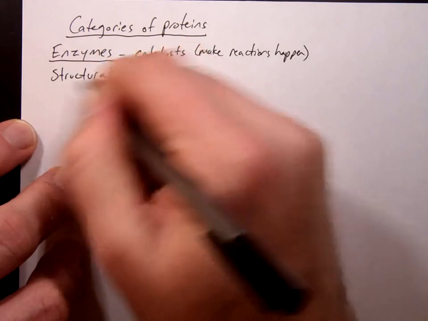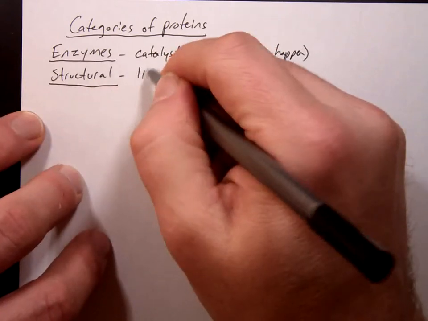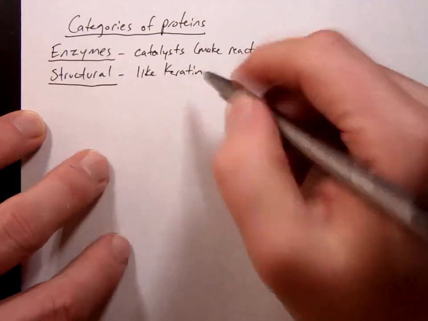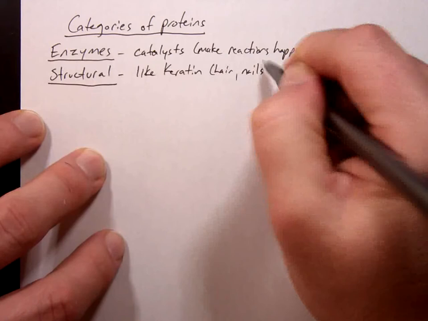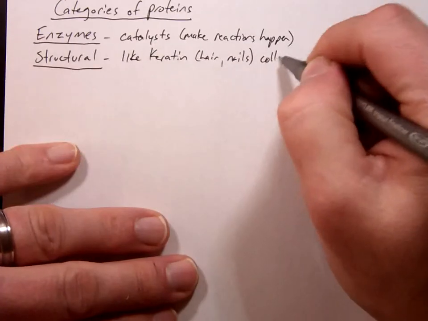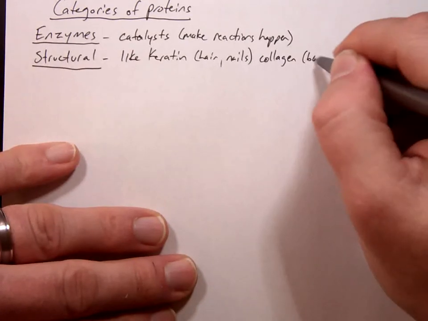And I alluded to these earlier, like keratin in your hair and fingernails. Okay. Or collagen, which is in your bone and cartilage.